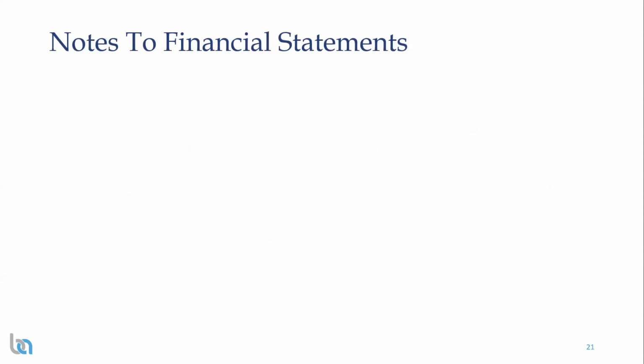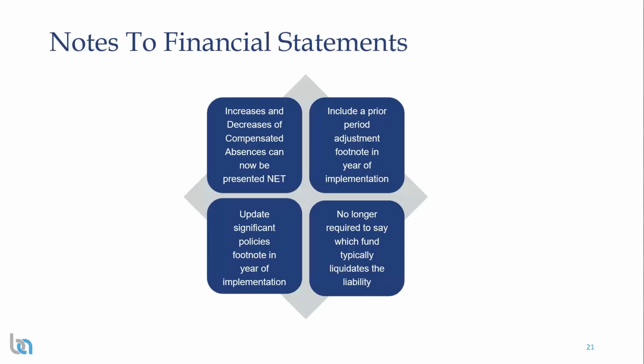All right. Notes to the financial statements. That's the only thing that they simplified in GASB 101. The notes are easier, actually. In the past, you used to be required to show additions to compensated absences and then retirements. Now you have the option to just show them as net.